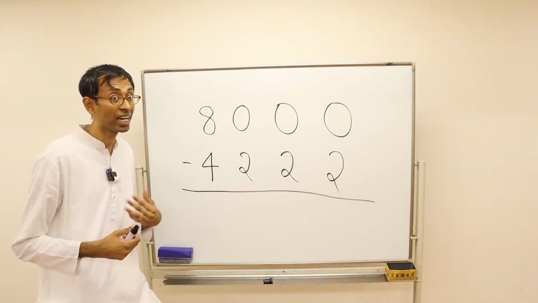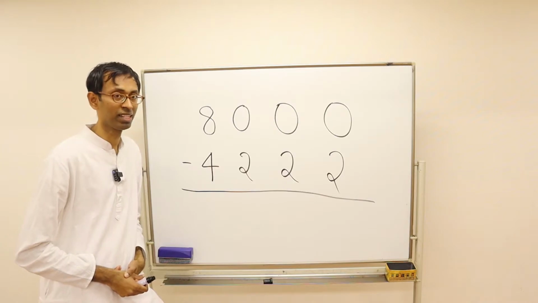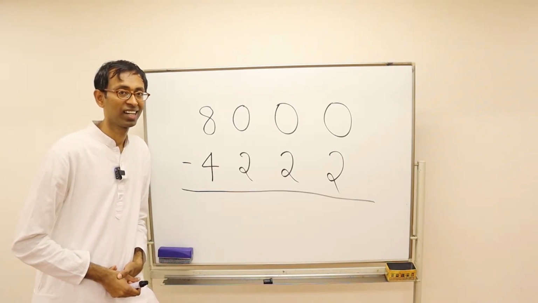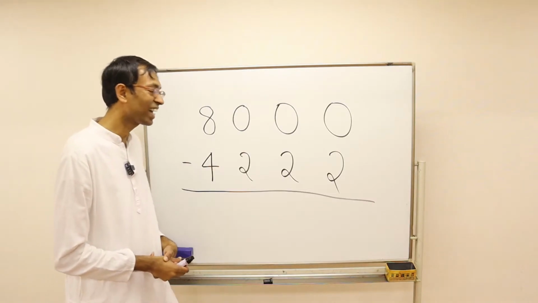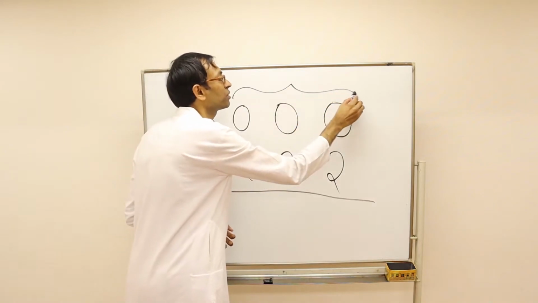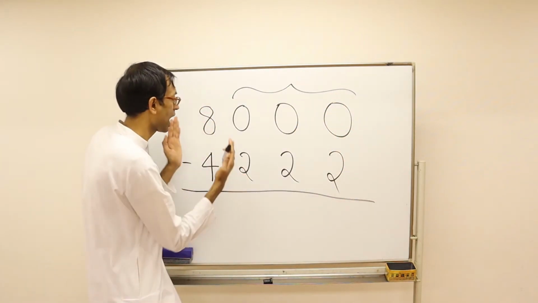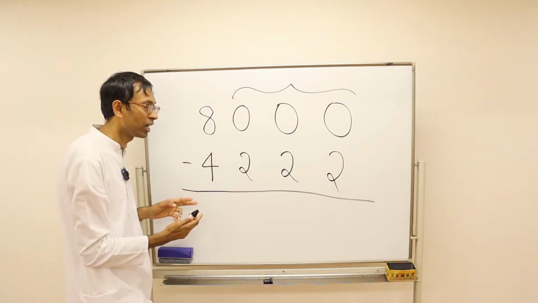Before I tell you, can you say the answer? You can pause the video. Okay, how do we do this? So we apply the golden rule to this part. And how about here? It's 8 minus 4.